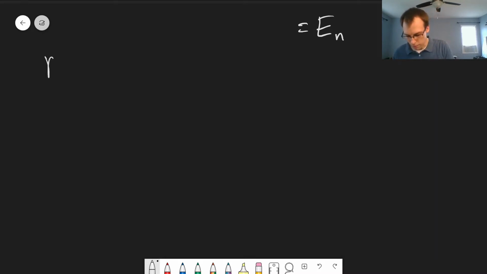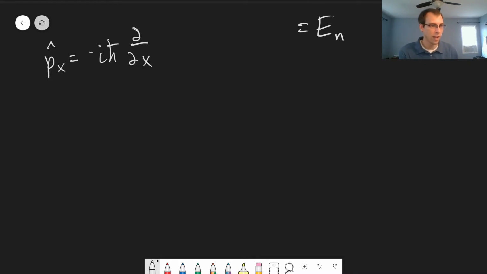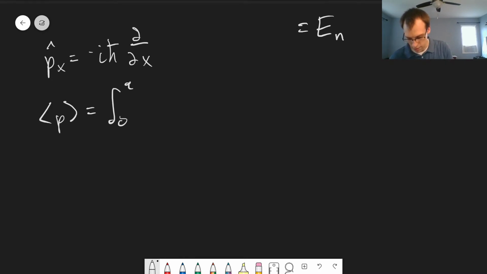Let's look at the momentum operator. Now, the wave functions are not eigenfunctions of the momentum operator. And so this will let us calculate the expected value for the momentum. The average value is given by the integral from 0 to a.